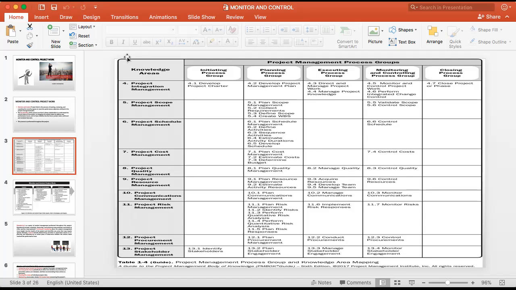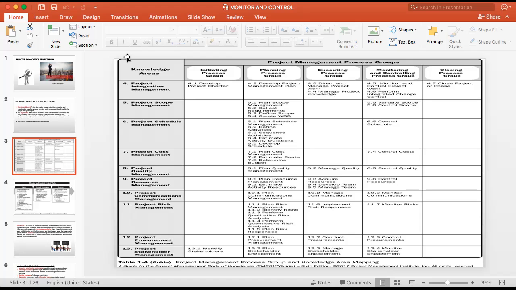The responsibility of the project integration management process is to integrate all these control processes to the benefit of the project.